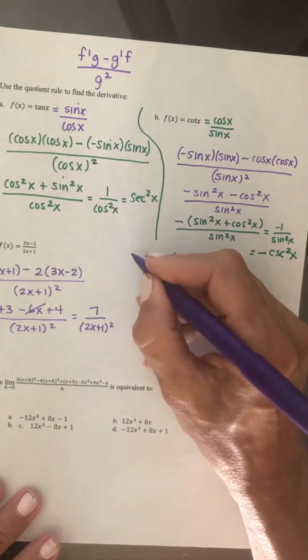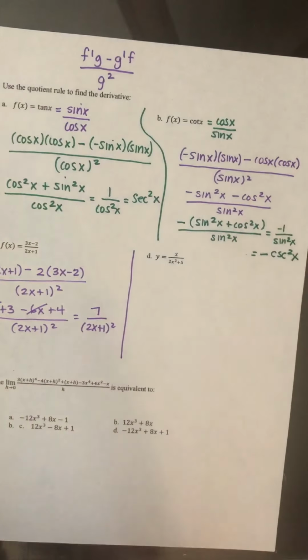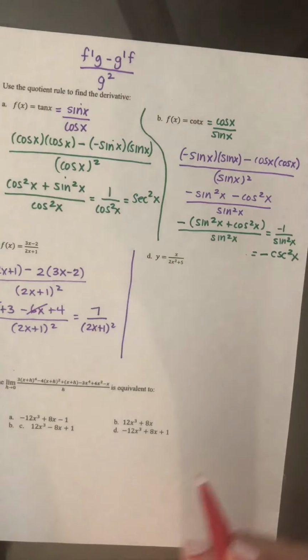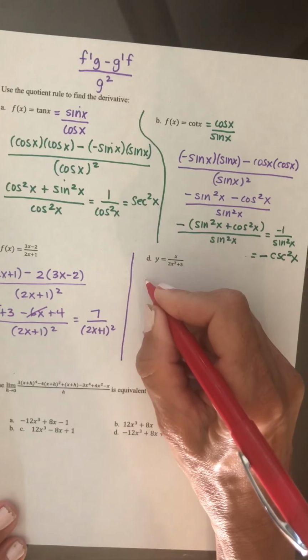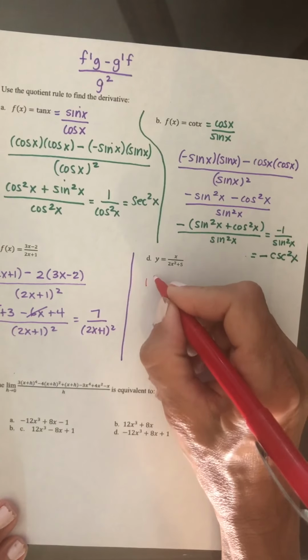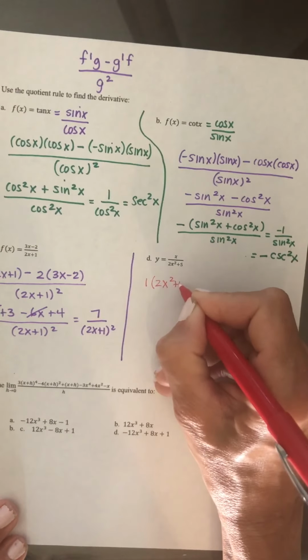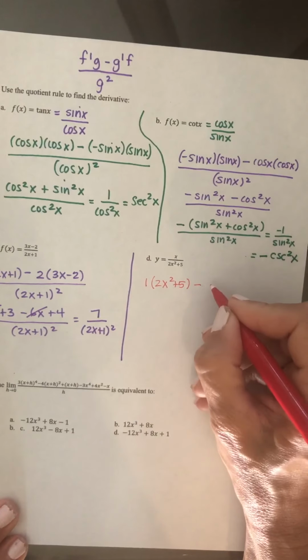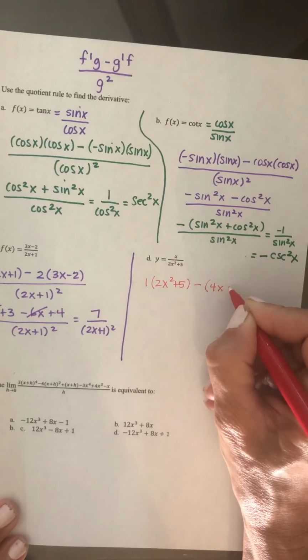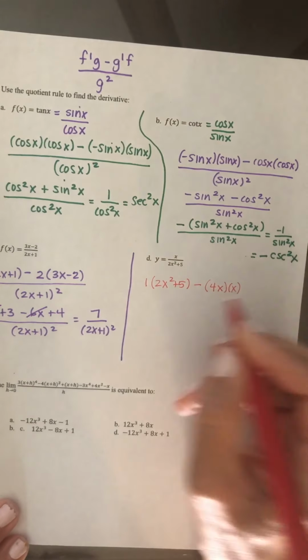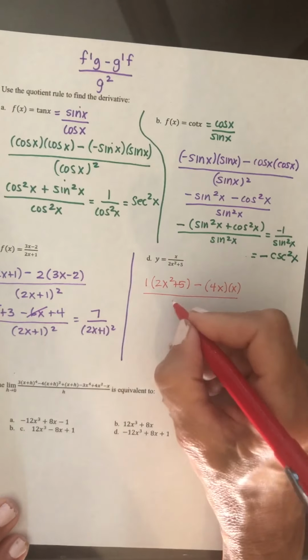All right, I'm hoping this next one is just as easy, maybe a little bit more involved, because let's see what happens. Derivative of the first times the second minus the derivative of the second. All right, that's 4x times the first all over, ew, the bottom one squared.